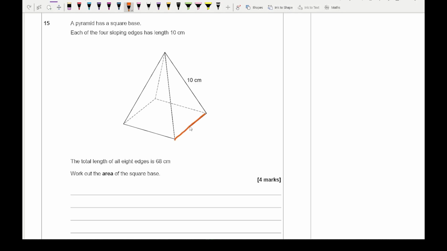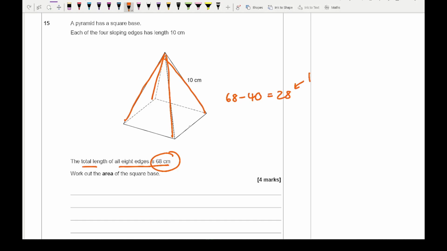So for this, to work out the area of the square base, I need to know what one of the sides is. As you can see, it says that the total length of all the 8 edges is 68 centimeters. If we know that the slanted sides are all 10, like if I just get rid of this orange line here, so here we know that the total is 68, the orange lengths are 10 each, so 68 take away 40 gives me 28.